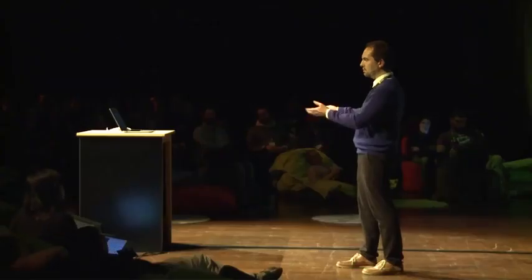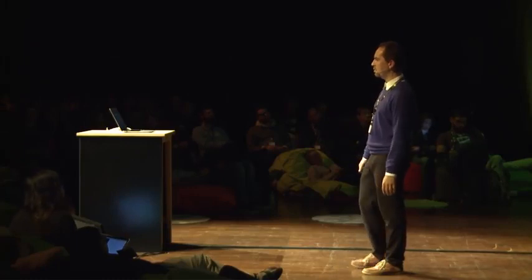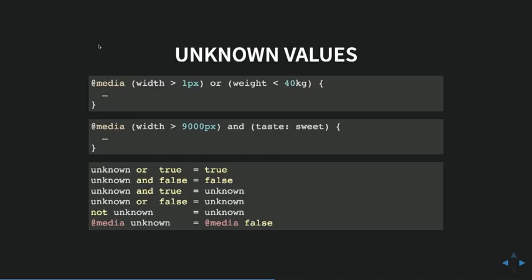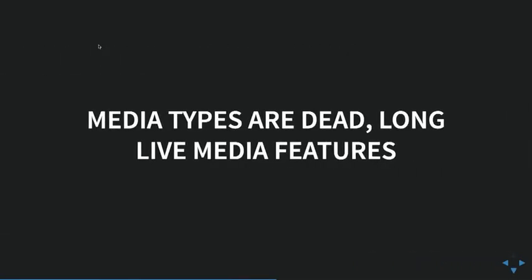But if you were actually just using a new thing that some browsers don't support, then it doesn't blow up your entire style sheet just because it's not supported. If it wouldn't matter to the result, then it just gets ignored instead of destroying the things around it. And as far as syntax goes, there are a few small things that I think will make life easier. But let's move on to other things than syntax.